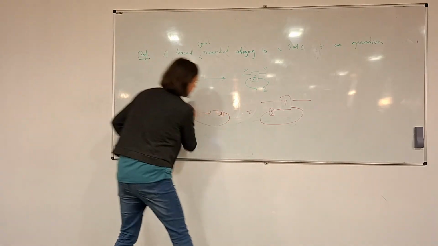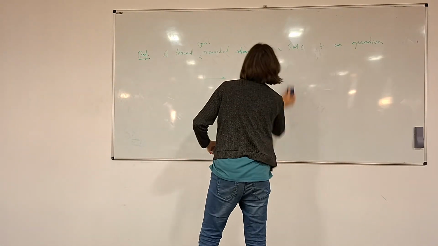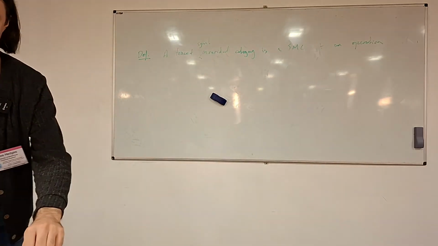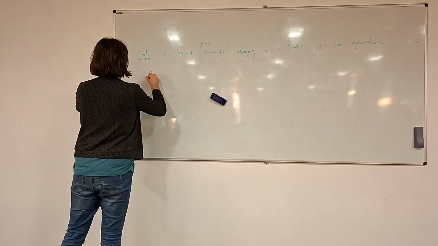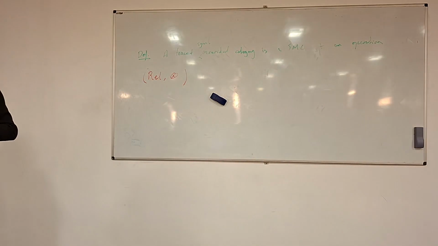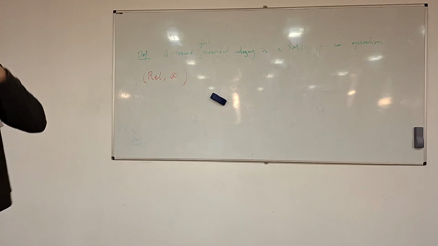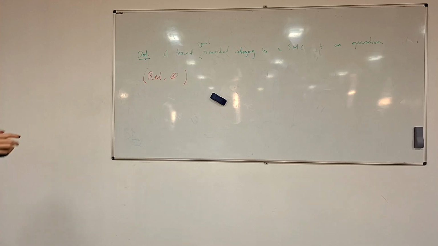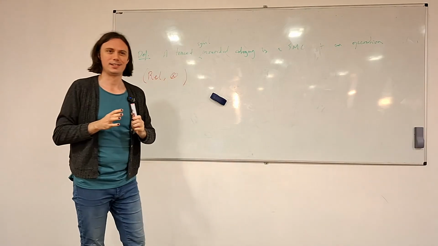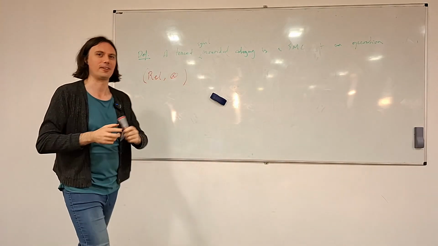However, we do get lots of models of it. So, for example, Rel with its tensor product. Remember, the tensor product comes from the underlying Cartesian product of sets. Yes, I'm coming to that later in this lecture, hopefully, if I go fast enough.